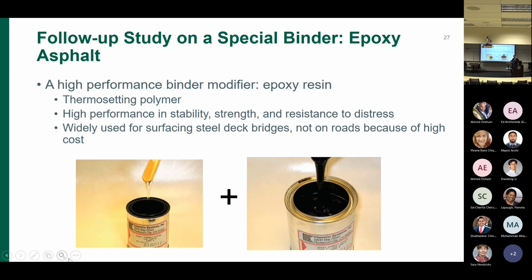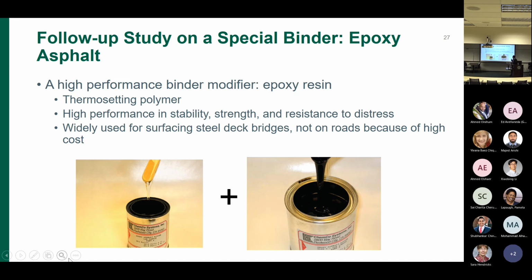And you all have experience with epoxy. When the epoxy cures, it forms a very high strength. So when we mix epoxy with asphalt binder, after the epoxy cures, the epoxy forms a very strong three-dimensional skeleton structure, in which the asphalt binder is held. So when this is used as a binder, it shows very good field performance, right?